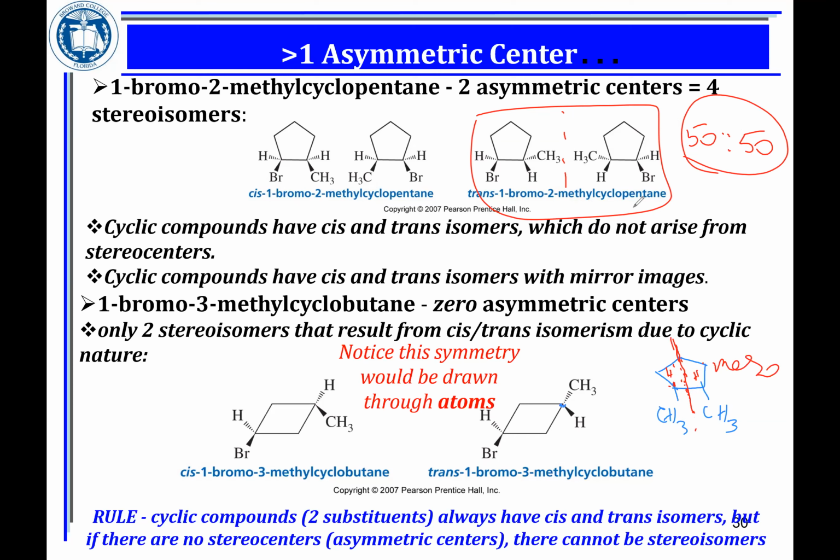If the net rotation of plane polarized light is 0, then the compound is considered achiral. A meso compound, because of the plane of symmetry, is achiral. But if you have a compound and its mirror image and they are not superimposable, you have a pair of enantiomers, and each one of them is a chiral compound.